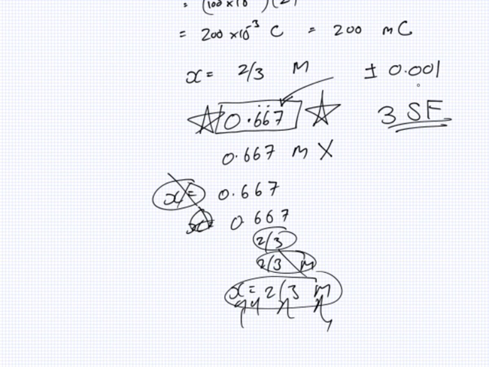It's like 9.11 times 10 to the minus 31. You might be mixing it up with some other number. Okay.